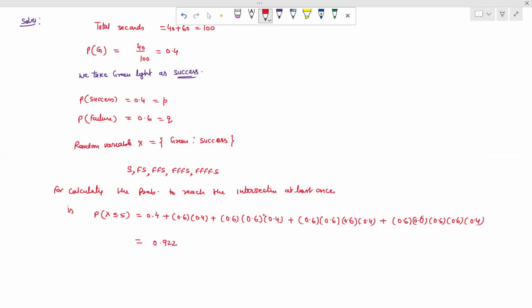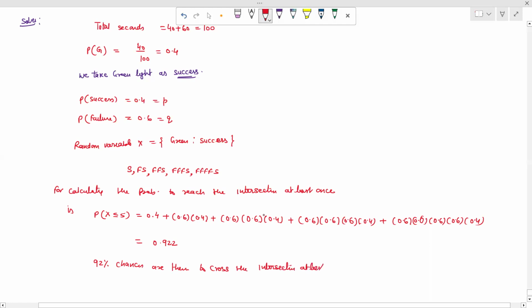So there is a 92% chance that you cross the intersection at least once in 5 working days.